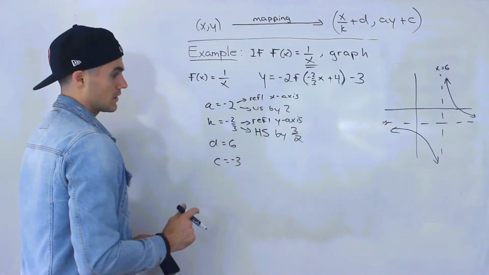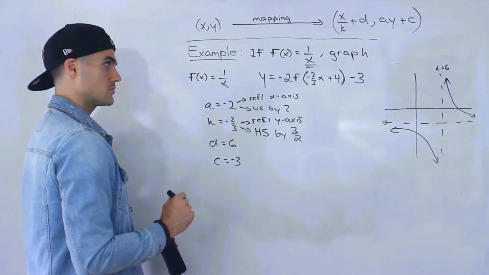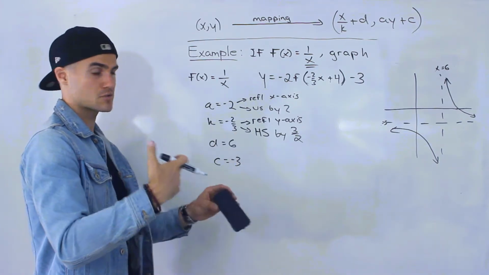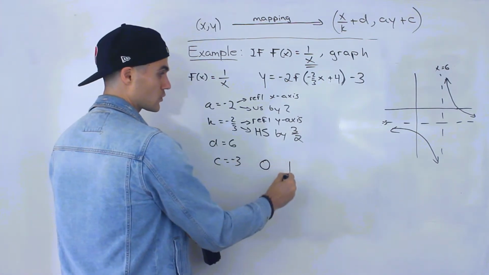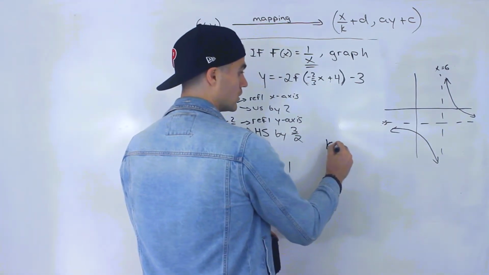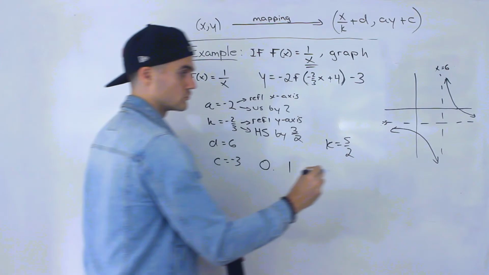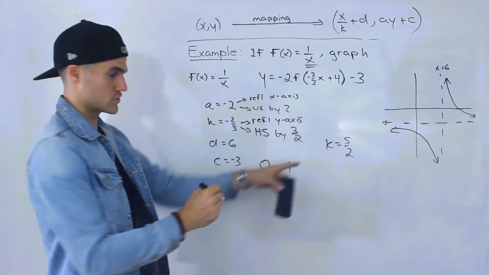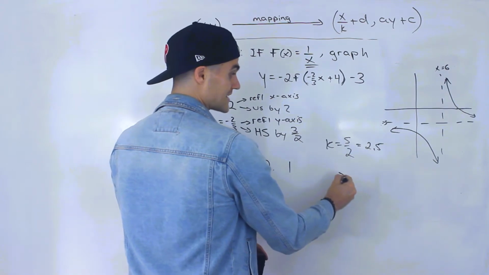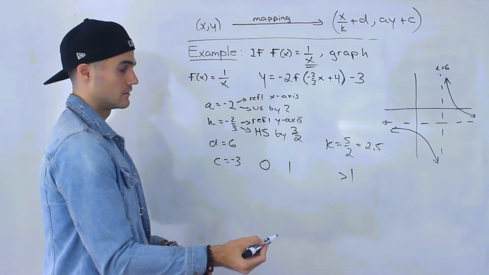And then, actually, you know what? One more thing I want to mention here is that sometimes you'll get fractions that are above 1. But because it's a fraction, sometimes students get confused in thinking it's between 0 and 1. Now, 2 over 3 is between 0 and 1, but what if the k value was 5 over 2? Notice that 5 over 2 in decimals is 2.5. And that is greater than 1.